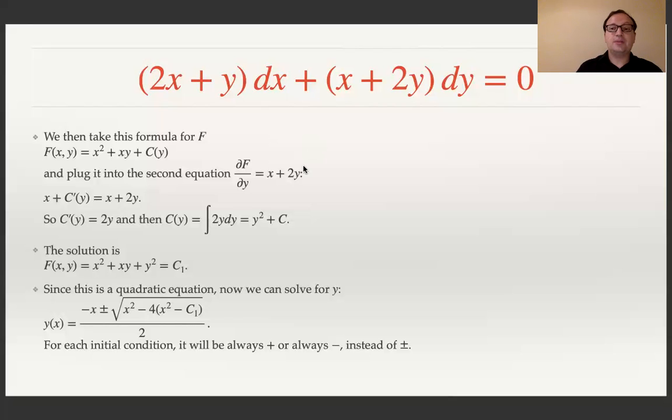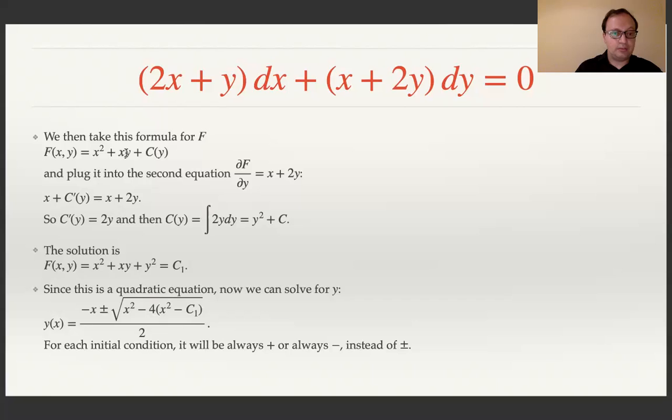The next step is to find c(y) by plugging this formula for f into the second equation. We know that f(x, y) is x squared plus xy plus c(y). When we plug this into the second equation, partial f over partial y is x + 2y. When I take the derivative of this expression with respect to y, x squared doesn't contribute anything.